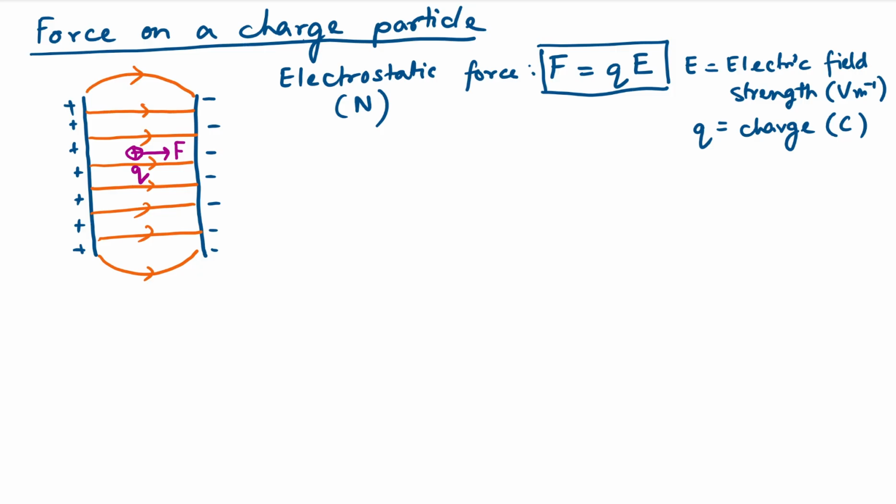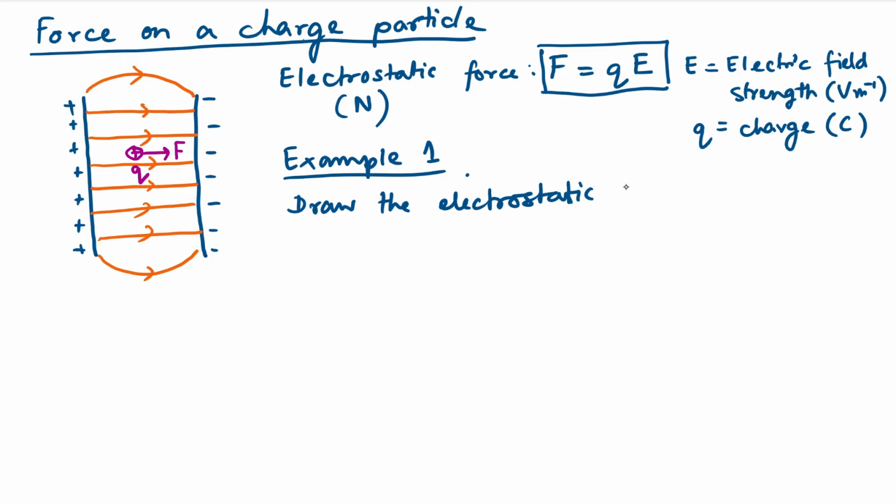Okay, so now in your exam, you can get questions where you might have to draw the labeled arrow to show this electrostatic force acting on a charged particle. So let's look at some questions like this. That's our first example question, example 1, where we have to draw the electrostatic force acting on negatively charged particles.